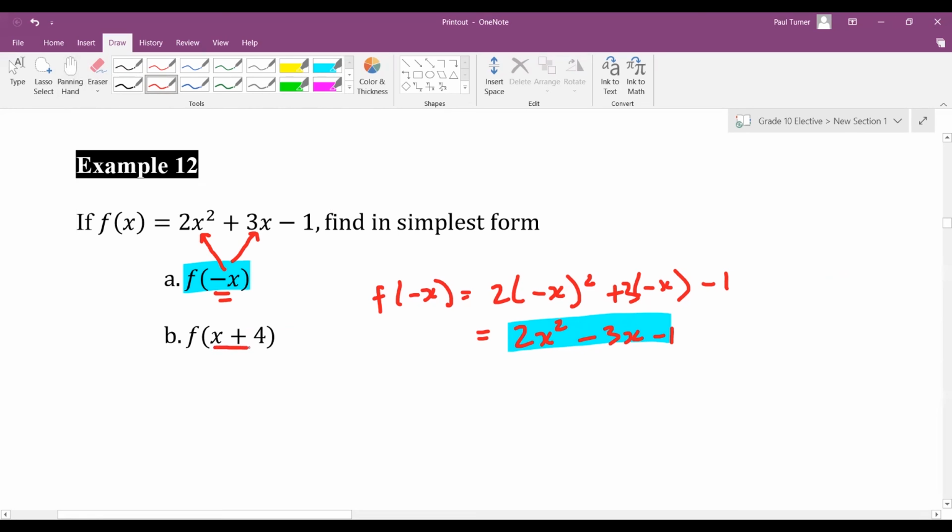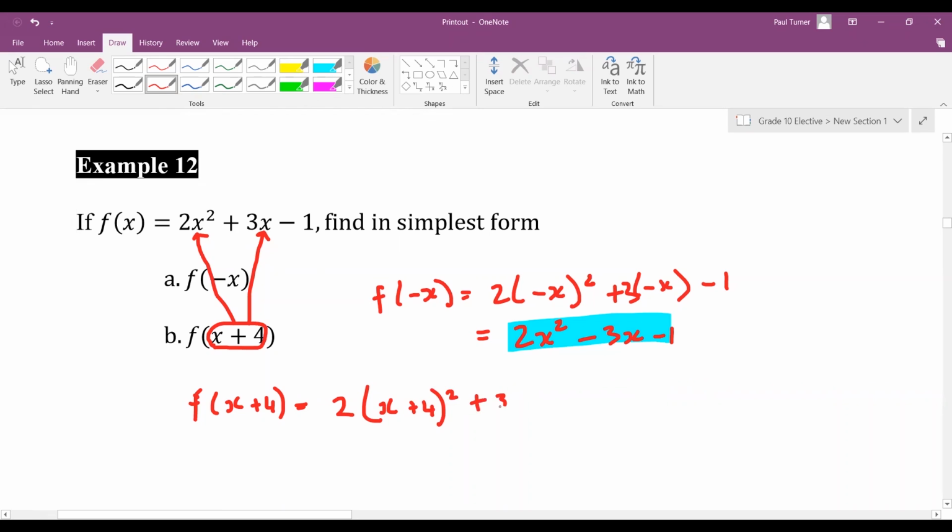In this question, you should put this value into your function. Whatever is written here will go into x here. And you put that into here. So you'll have f(x plus 4). Substitute that into each x value here, wherever you see x. So you'll have 2 times (x plus 4) squared plus 3 times (x plus 4) minus 1.